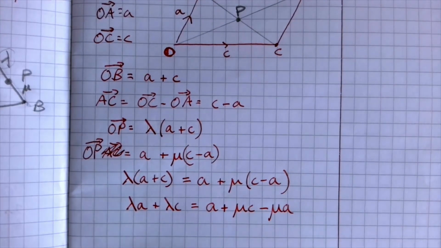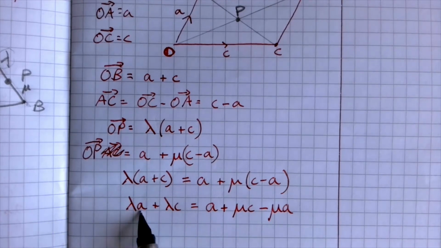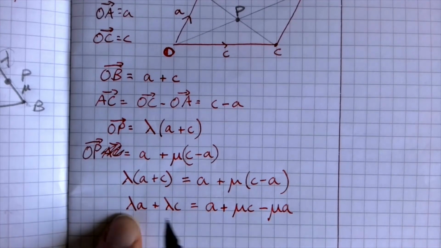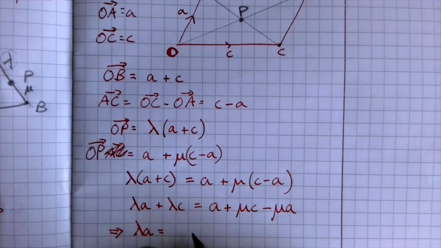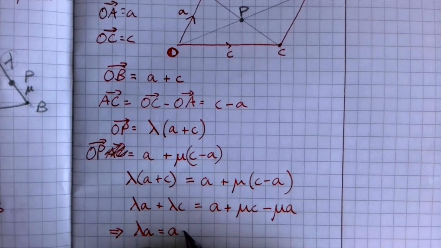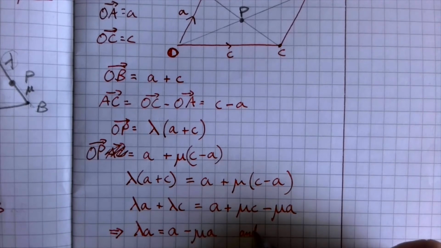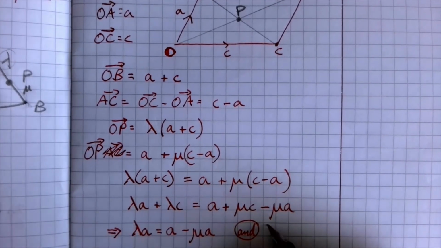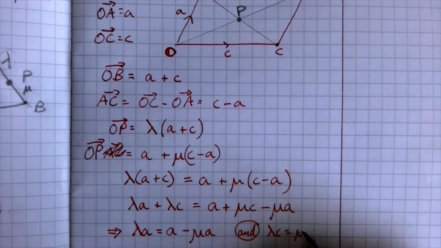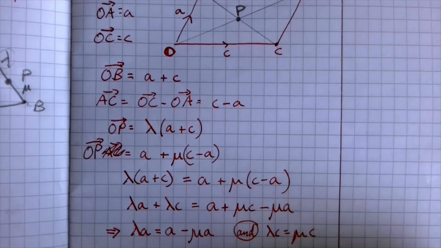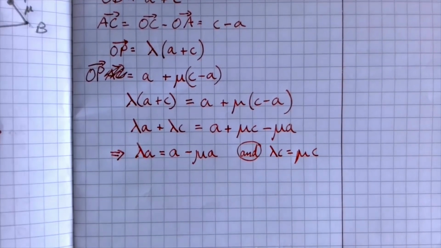We're going to think about the a's separately to the c's, because if these are going to be equal, the lambda a is going to be equal to the a there, take that a there, and the lambda c is going to be equal to just the mu c.